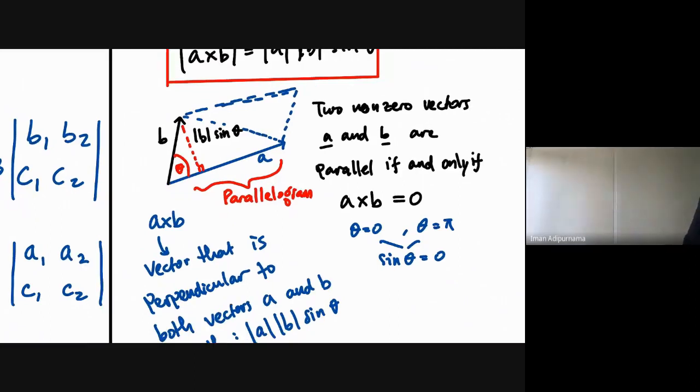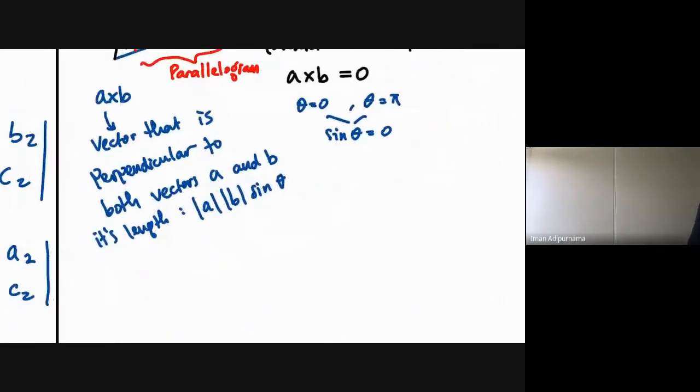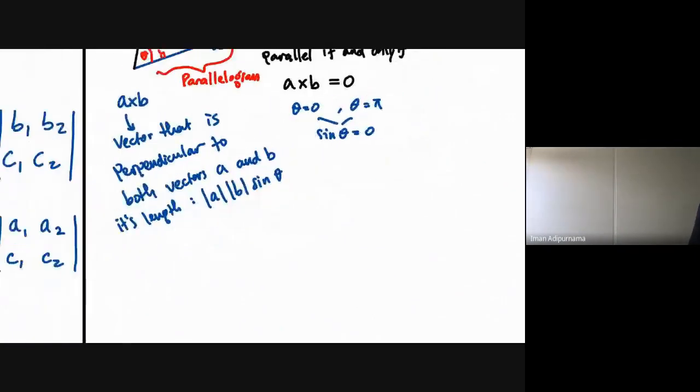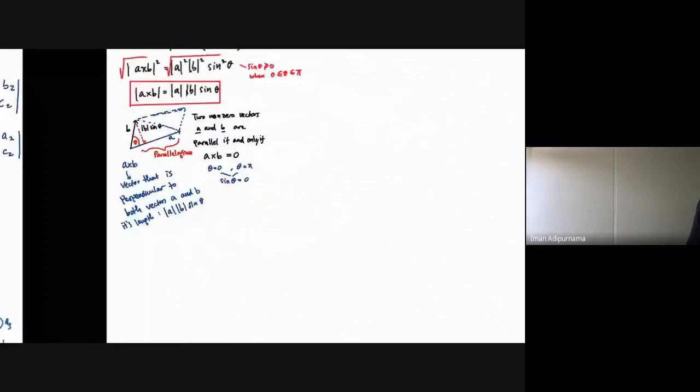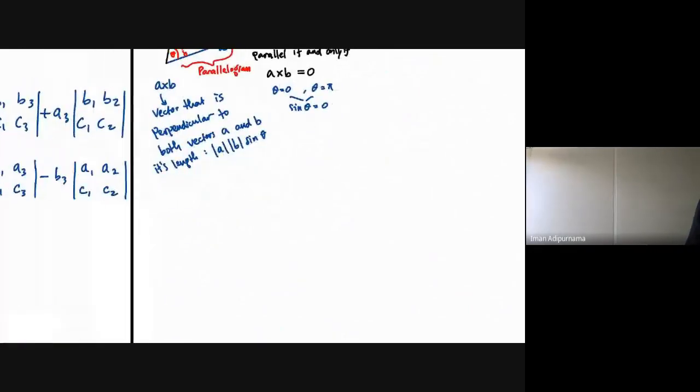So from here also, the area of the parallelogram we can interpret as the length of vector A multiplied with the height, which is the length of B and then sine theta, right?